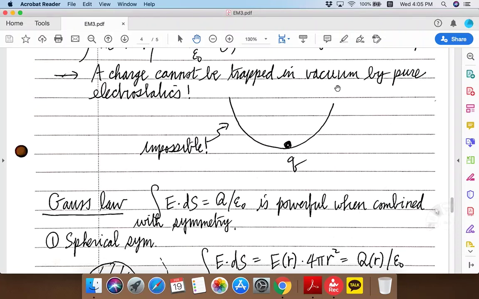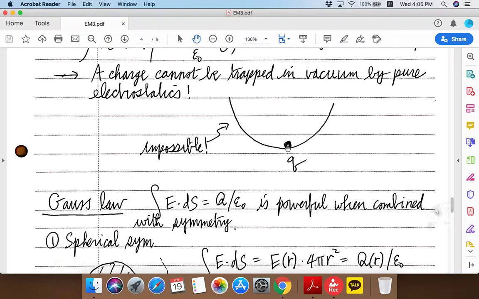If you could create an electrostatic potential that looks like that in all the directions, a potential trap in the x direction, in the y direction, and in the z direction, then you could put the charge in the middle of such a trap, and the charge would never go anywhere but stay trapped in that region. But that's essentially impossible due to the theorem that we have just proven.